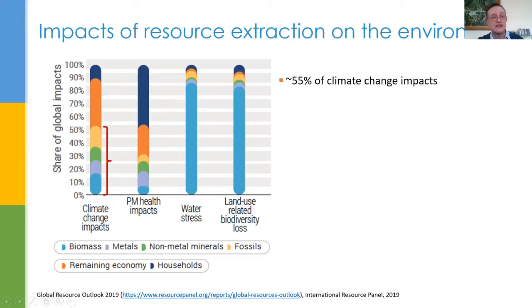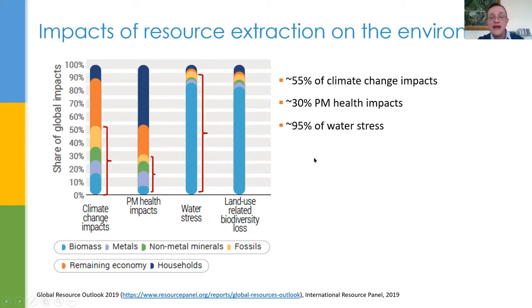55% of climate change impacts can probably be attributed to resource extraction, much of it in the mining. 30% of particulate matter health impacts can be attributed to resource extraction. Again, a good part of that in mining. 95% of water stress can be attributed to resource extraction.